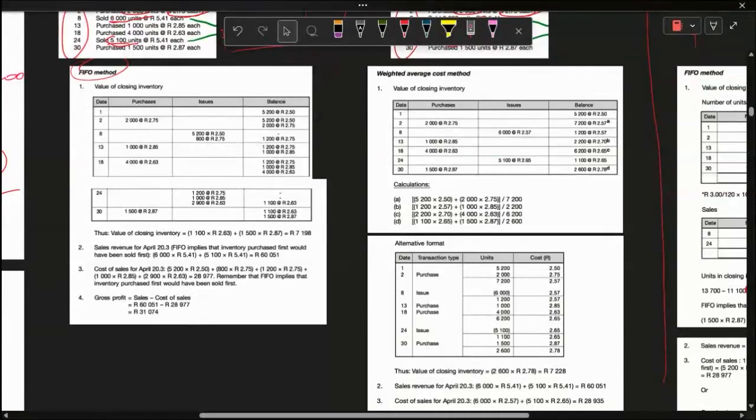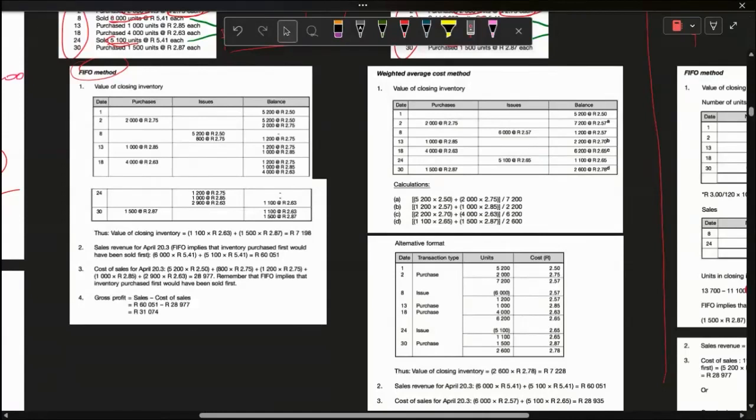But with first in, first out, you don't need to do that, because whatever was bought first is at its own cost, and whatever was bought second is at its own cost. Now they're issuing 6,000. So what are you going to do? What came in first was 5,200.